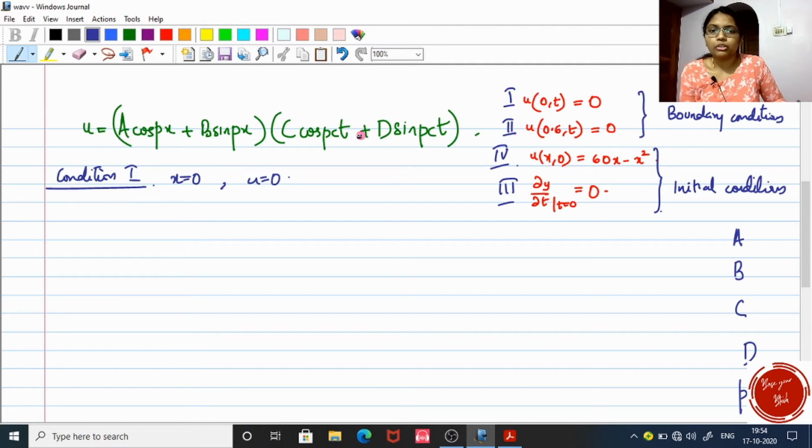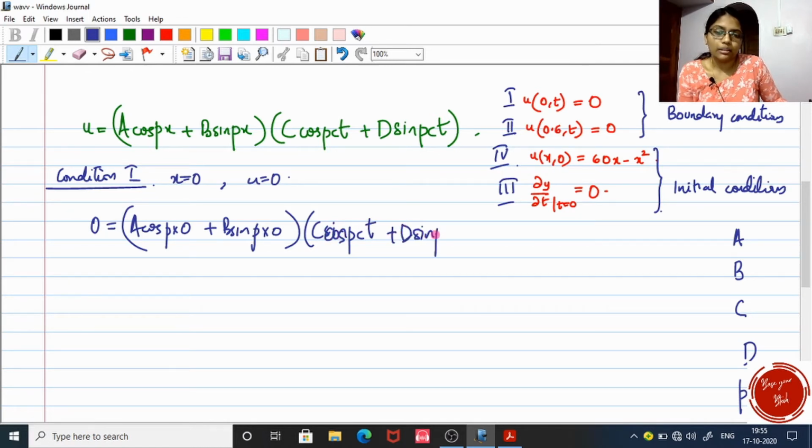So let's put it in the equation: u equal to 0, a cos p into 0 plus b sin p into 0, times c cos pct plus d sin pct. We know that cos 0 is 1 and sin 0 is 0.